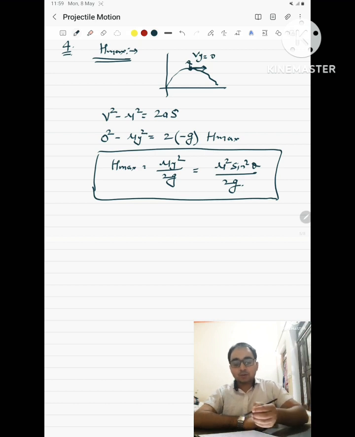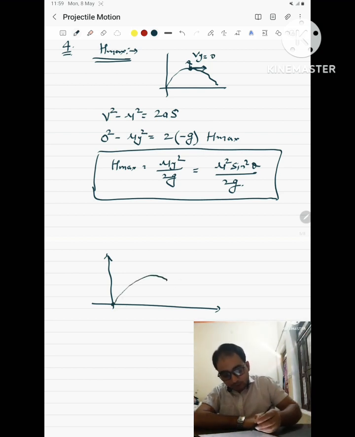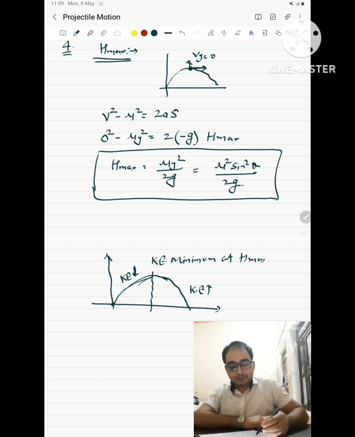Now we can also comment on the kinetic energy during the projectile motion. Suppose our particle starts moving from this point. Up to h max the kinetic energy decreases, and kinetic energy is minimum at h max, and then again kinetic energy will increase after gaining maximum height.